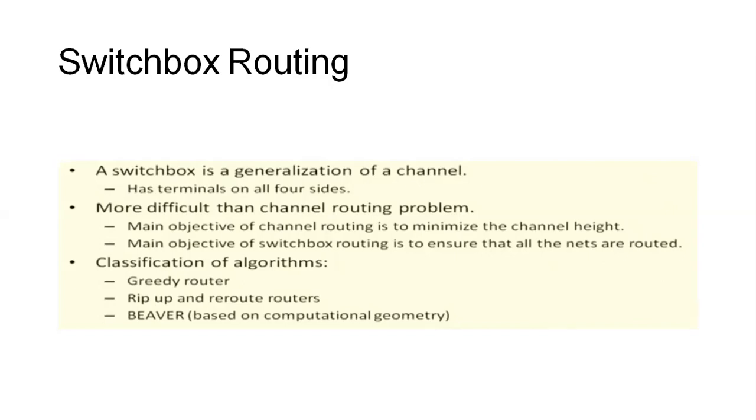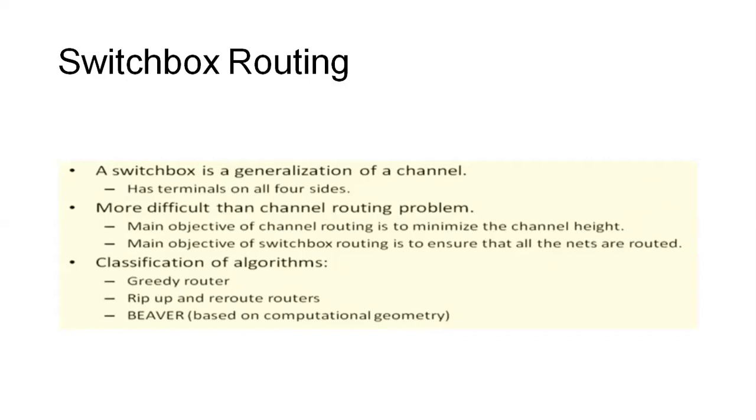Maybe there are blocks already placed on all the 4 sides. So switchboxes will not appear in a standard cell based layout; there we have only channels. But in full custom based design styles, switchboxes may appear, because once they appear, the blocks on the 4 sides are all fixed, so you cannot move them around.